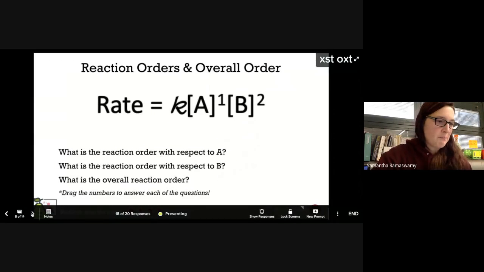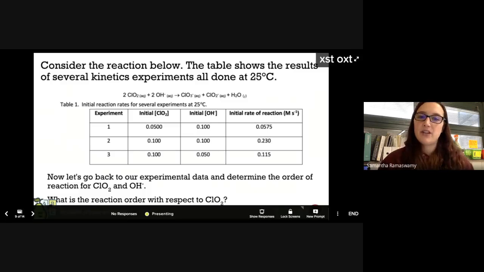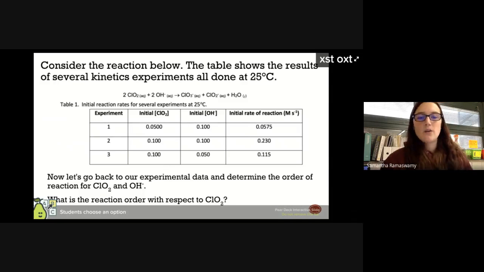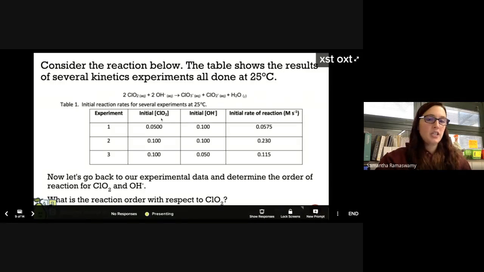Okay, good job. So now we're going to get into this method of initial rates. This is where Friday we looked at how concentration changes and how the rate changes. So if we go back to this table that we looked at before, I want to know what is the order with respect to ClO2. So I want you to look at changing the concentration of ClO2 when OH minus stays constant and see how it affects the rate.